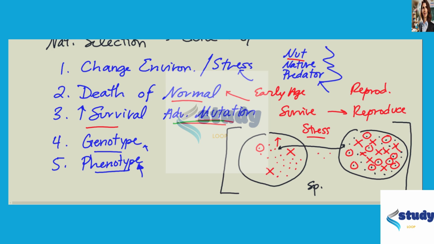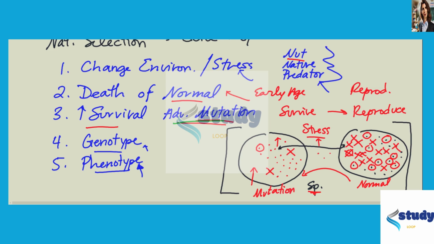And again, that stress is still going to be present in the environment, so you're going to eliminate more of this normal population. And eventually, as you can see, you start getting an increase of the organism with that mutation. So the species eventually shifts from this normal phenotype or genotype to this one with the mutation.